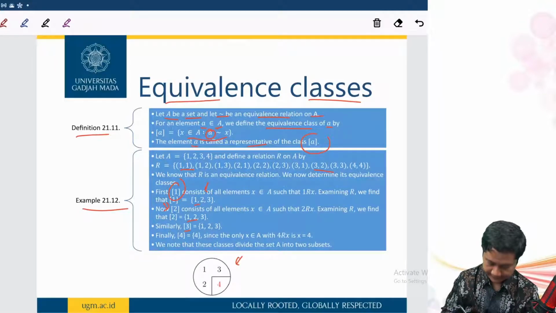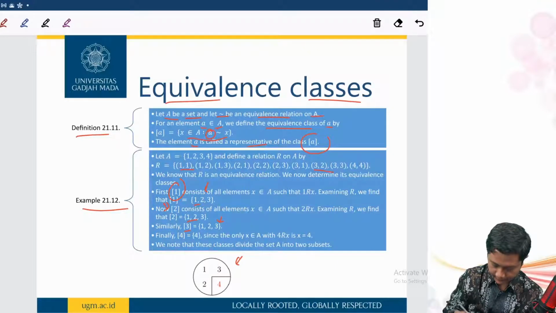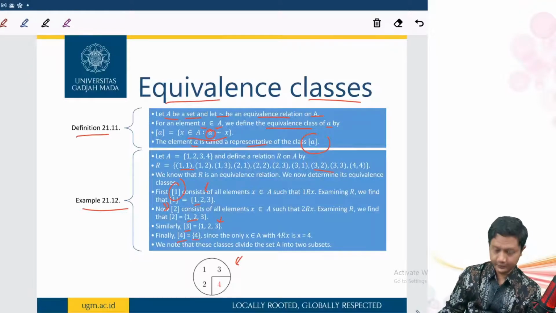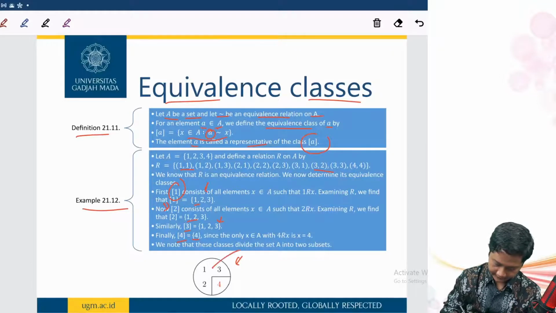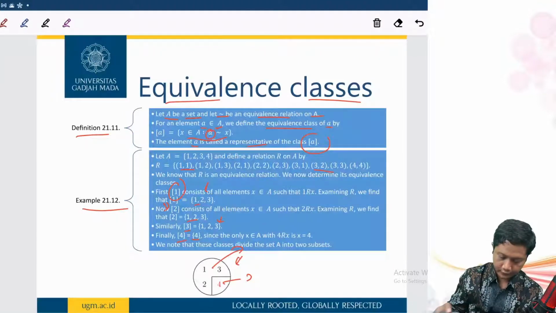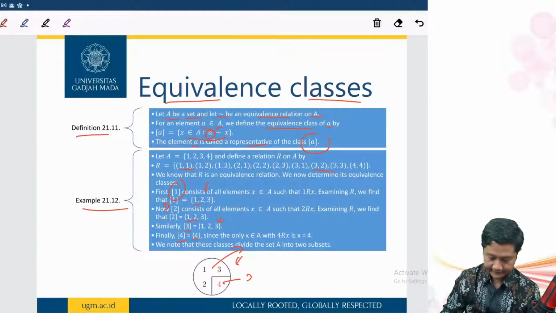Class 3 is also equal to this set. And the last one, class 4, is equal to the singleton {4}. So it is like we have one equivalence class here and one equivalence class here. So we only have 2 equivalence classes.